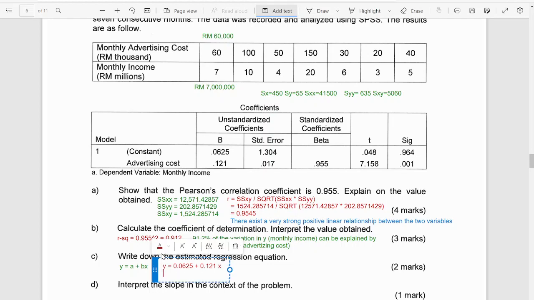Or you can write this in the specific form whereby you use the variable. You can just say that monthly income is equal to 0.0625 plus 0.121 advertising cost.